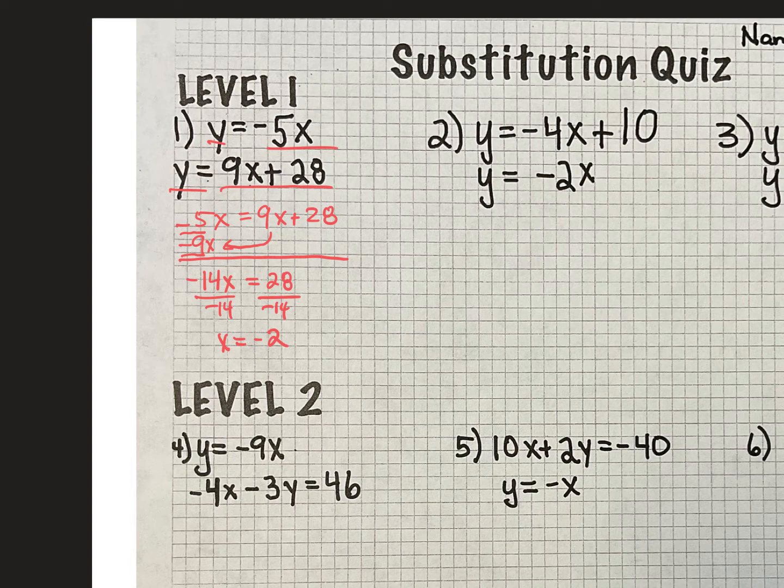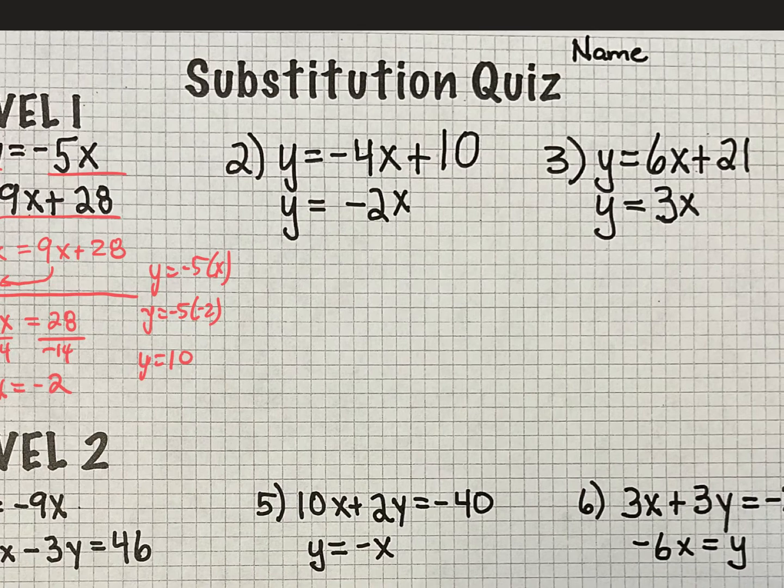If x equals negative 2, then y equals negative 5 times x. Y equals negative 5 times negative 2. Y equals positive 10. For the next one, I know what y is equal to over here, so I can plug it in for this y, and we get negative 4x plus 10 equals negative 2x. I'm going to need to move the x's over here. It becomes positive 4x.